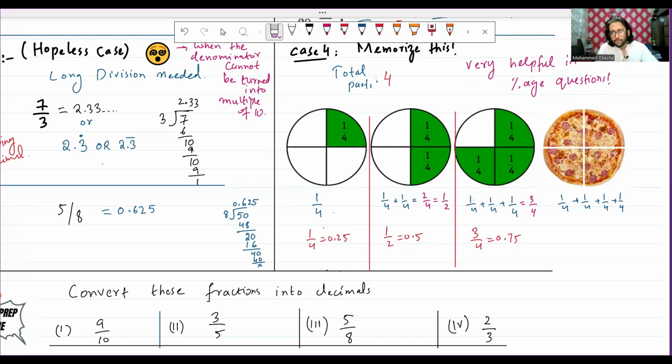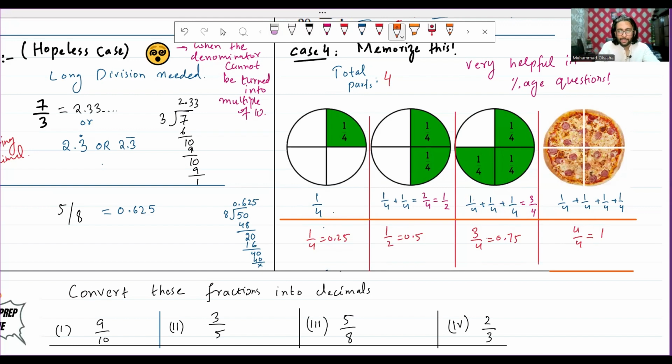This is just 1. 4/4, any number on top and bottom, is just 1. But these 3 are really important, that you need to memorize. I'm making this workspace look like a maths notebook, but this is important. All of them are important.